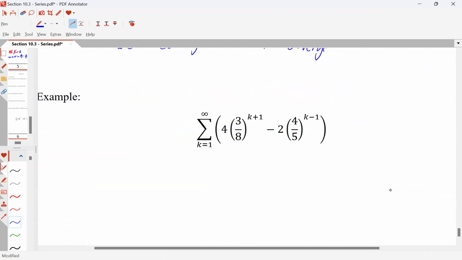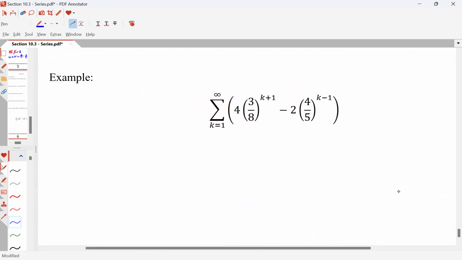And so our last example is taking these properties. In particular, we're taking that third property where we can add and subtract. So this series, hopefully both series will converge, or one will converge and one will diverge. I can split it into the series 4 times (3/8)^(k+1) minus the series k equals 1 to infinity of 2 times (4/5)^(k-1).